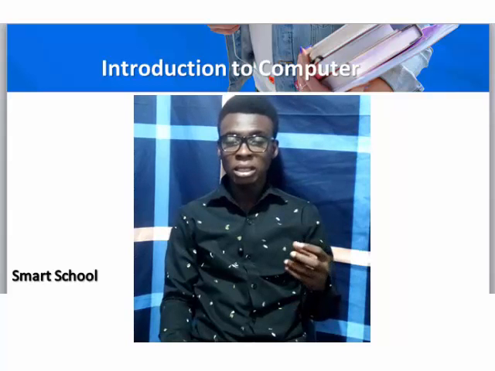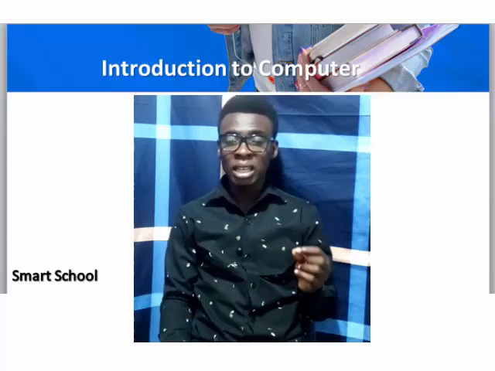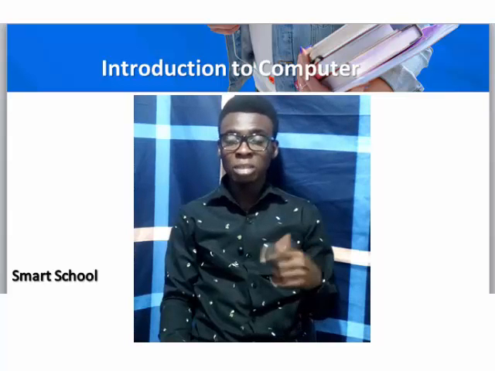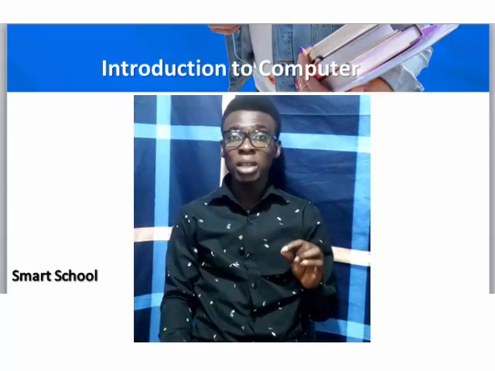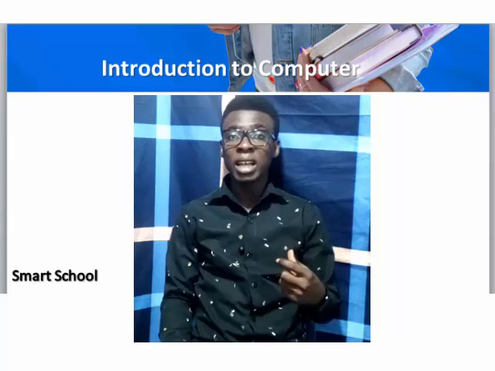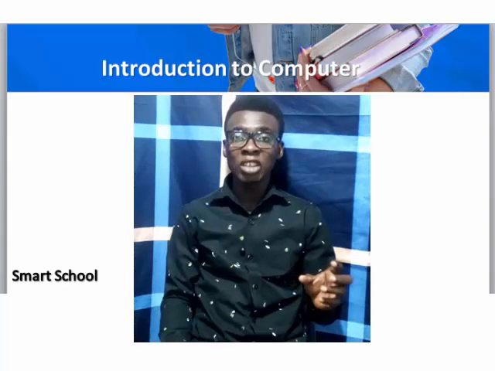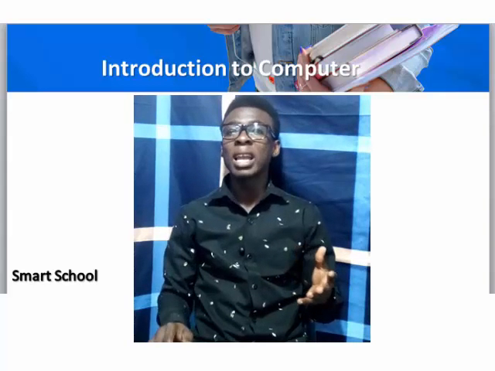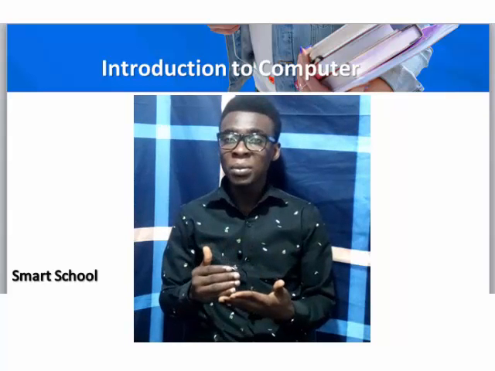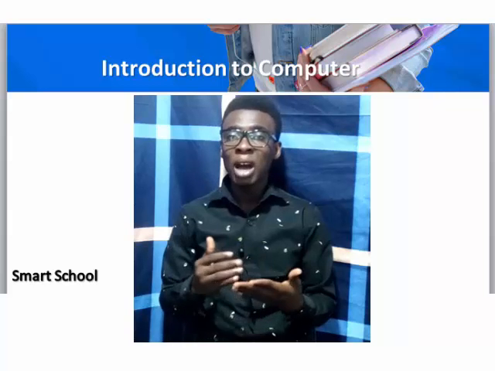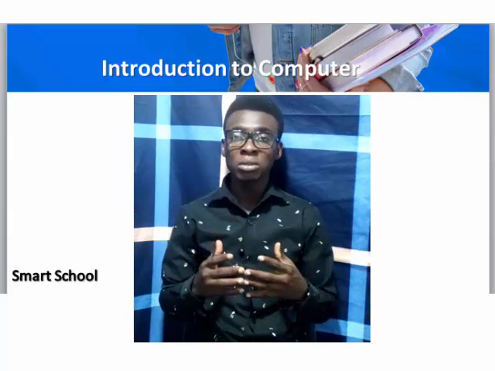So let's start with the definition of computer. A computer is an electronic device that accepts data as input, it processes data, and gives out useful information as output. In that definition, you realize that we have electronic device, data, input, output, and useful information.